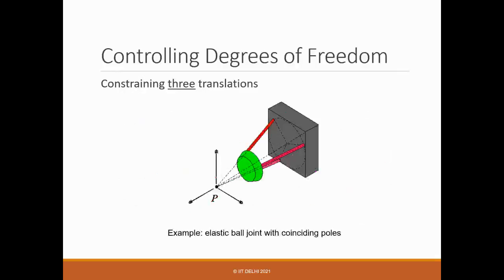They constrain the 3 translations, but what happens wherever they intersect? So suppose they all intersect at point P, you will get the rotational degree of freedom at this point. So it constrains point P, all the 3 translations, but at the same time, you will have all the 3 rotations at this point.